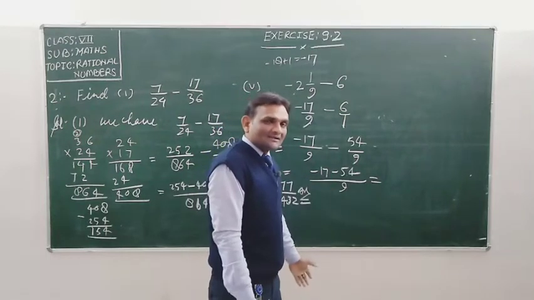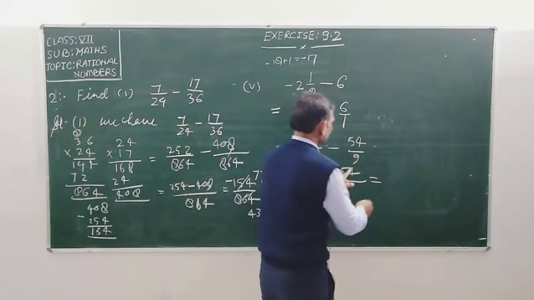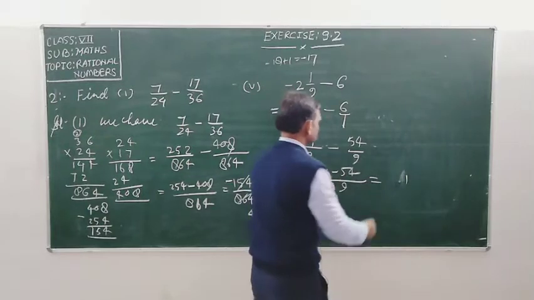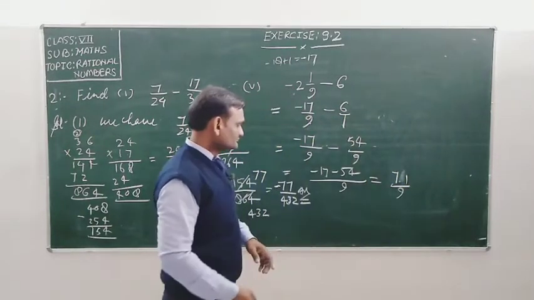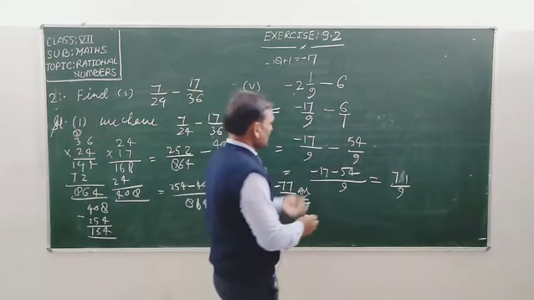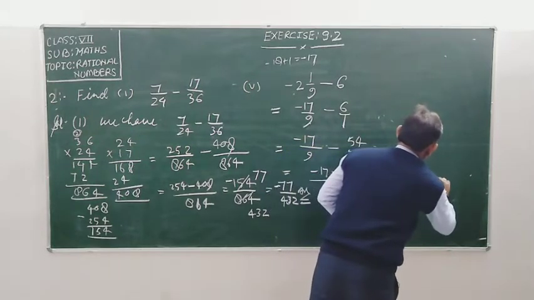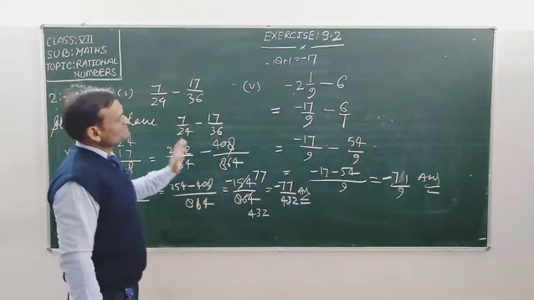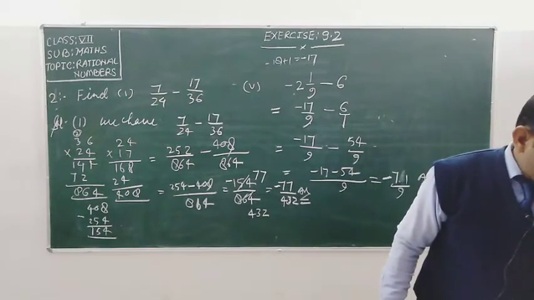So we can't subtract, we add only. 7 4 is 11, 5 1 is 6, 1, 7, so 71 upon 9, and the sign will be negative. This is my answer.